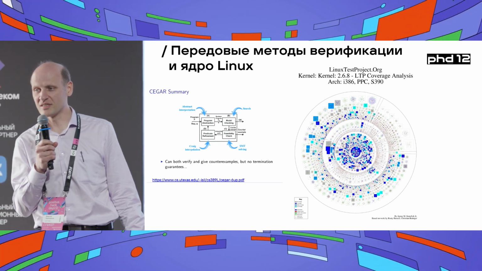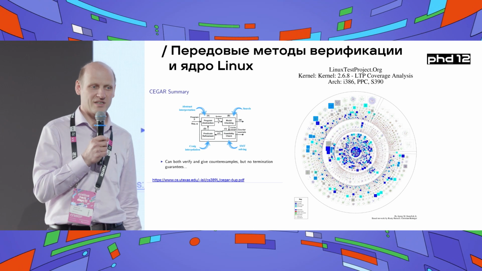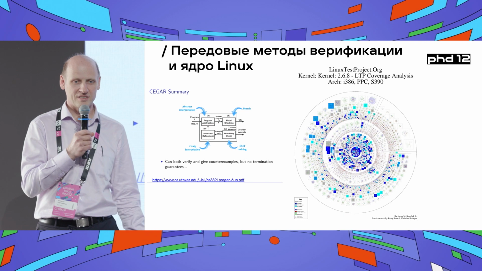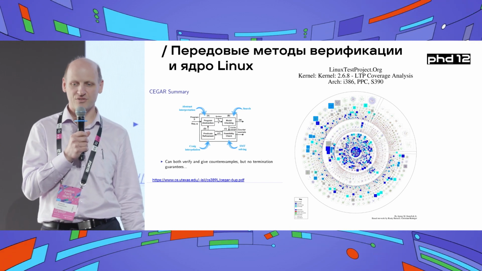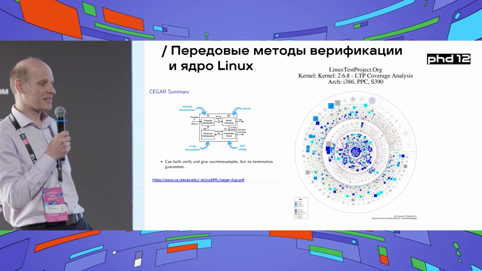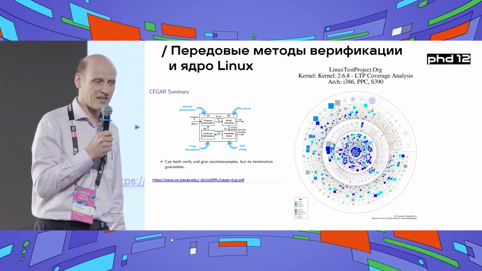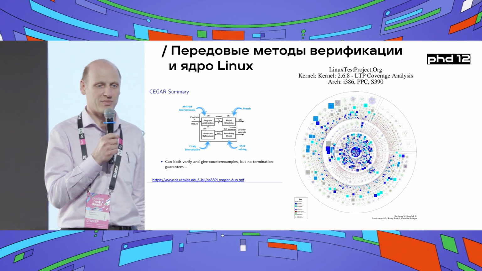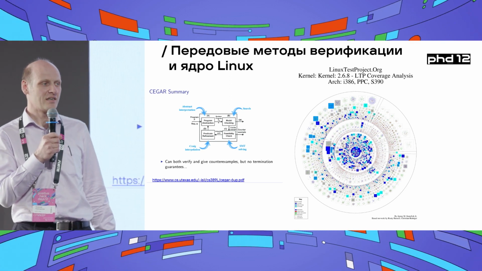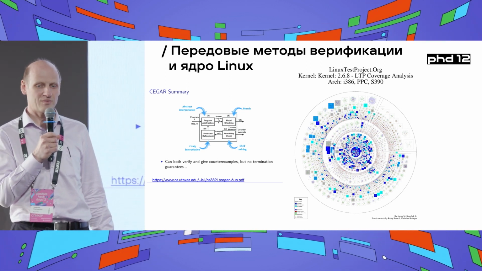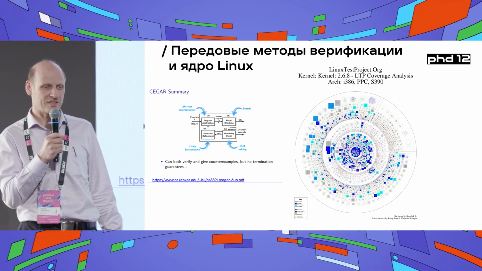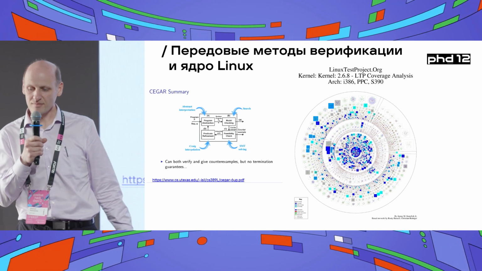Let me comment on software checking, static checking. We try to analyze the code and to find out whether there are some errors in the code or whether errors are not present. An error is a wrong state of the program, and the tool is looking for a path from the entry point to a certain erroneous state.